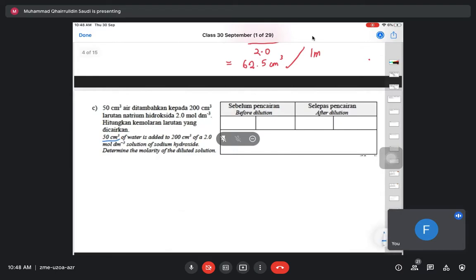Fifty centimeter cube of water is added. Okay, this is another keyword. Water is added to 200 centimeter cube of 2.0 mole per dm cube sodium hydroxide solution. Determine the molarity of the diluted solution.